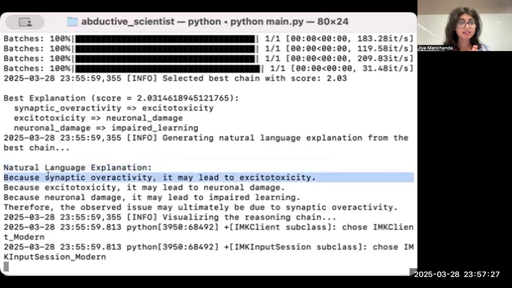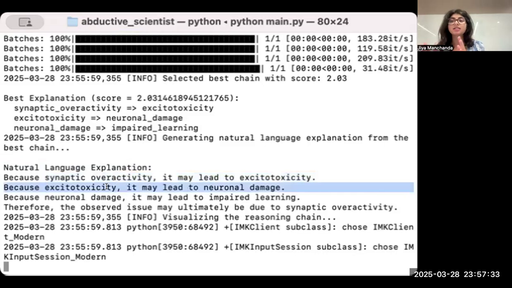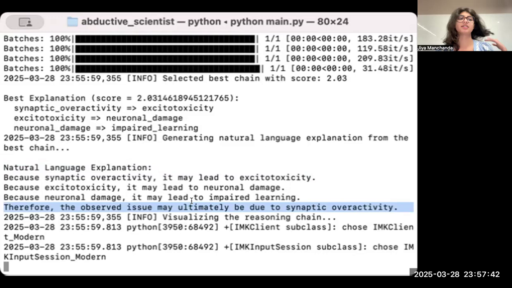So you get, because synaptic overactivity may lead to excitotoxicity, it's following the symbolic chain of reasoning to ultimately get you to a conclusion in scientific problem solving, specifically in neuroscience. The conclusion being, therefore, the observed issue may ultimately be due to synaptic overactivity.